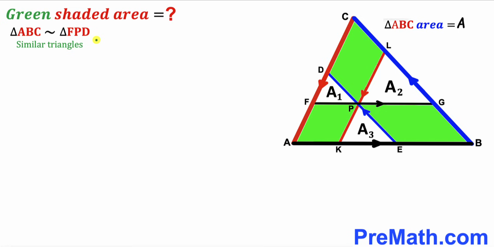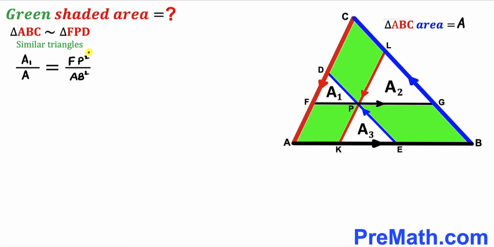And since these two triangles are similar, the ratio of their areas is going to be equal to the ratio of their side lengths squared. And here A sub 1 is the area of this triangle, and uppercase A is the area of the big triangle ABC, equals this segment FP length squared divided by this side AB length squared, as you can see.